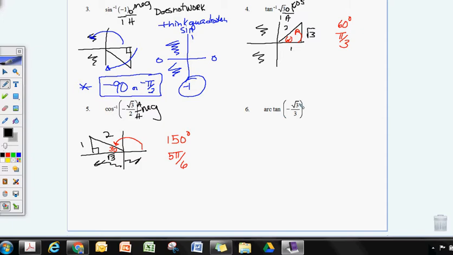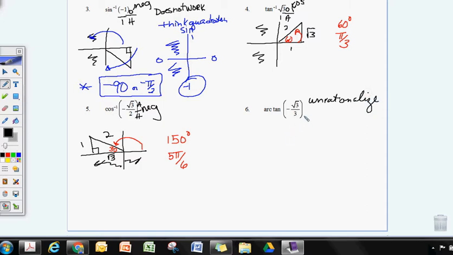Last one. We never have triangles that have root 3 and 3 in them. I know my 30, 60, 90s have 1, root 3, 2, or 1, 1, root 2. So we need to unrationalize this first. And this is something that you should be starting to be able to identify.